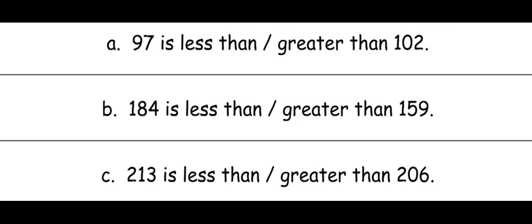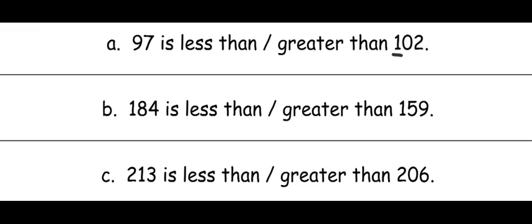In the next section, we're going to compare 2 numbers by using the terms less than or greater than. In problem A, I have the number 97 and the number 102. So if we remember in the first part of the lesson, we talked about 100 being the greatest place value in our comparison. So here, my second number has 100. The first number doesn't have any hundreds.